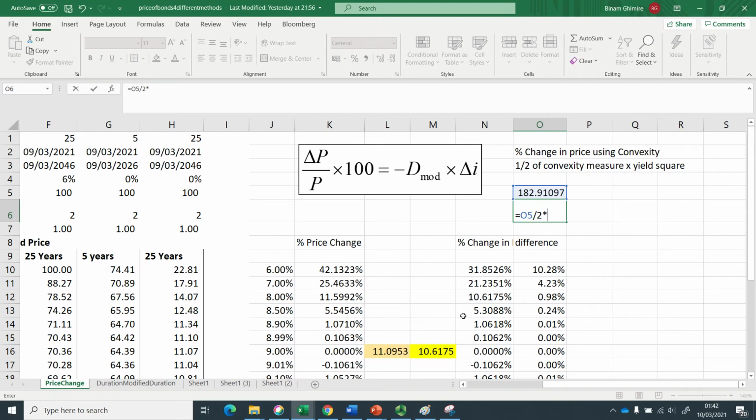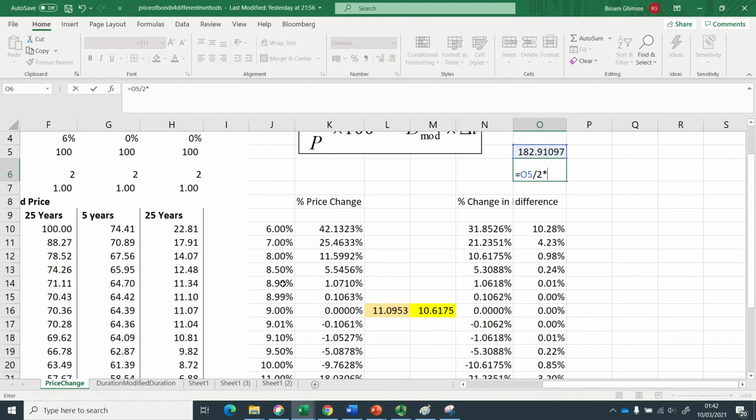So now let's take the case of a large yield change, such as 7%. So we're not talking about from 9 to 8.99 or 8.90. We're talking about a large change in the interest rate, in the yield, such as 7%.